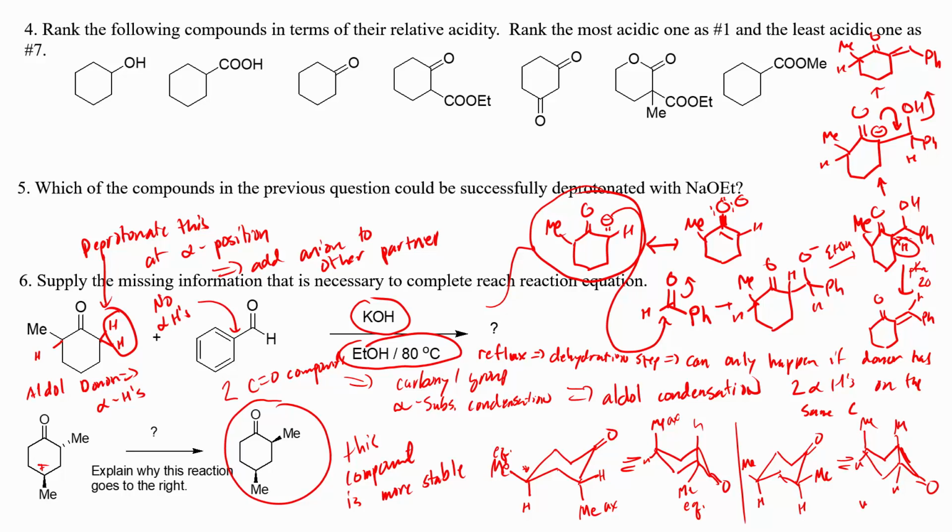But this is going to be very minor, so we're not going to worry about that. Of all the four compounds I've depicted, this is the one where the methyls can be equatorial in the most stable conformation. So therefore, when we pull the proton off here, we're going to remove this hydrogen here.